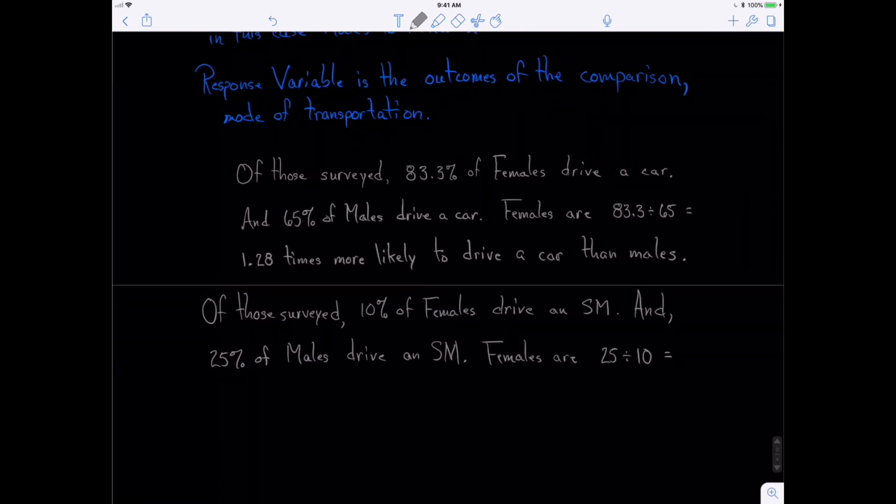And so we can say 25 divided by 10 equals 2.5. So we'd say females are 2.5 times, in this case, since it's smaller, less likely to drive an SUV or minivan than males.